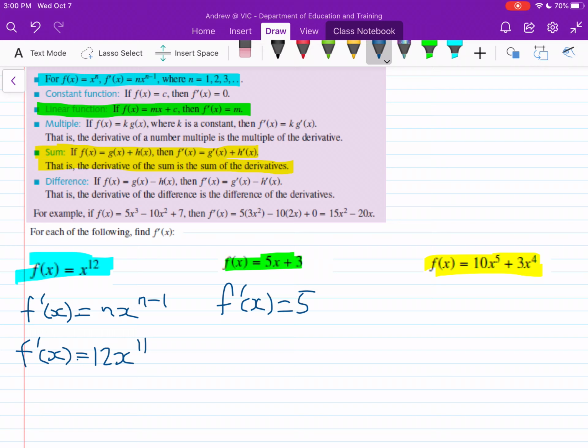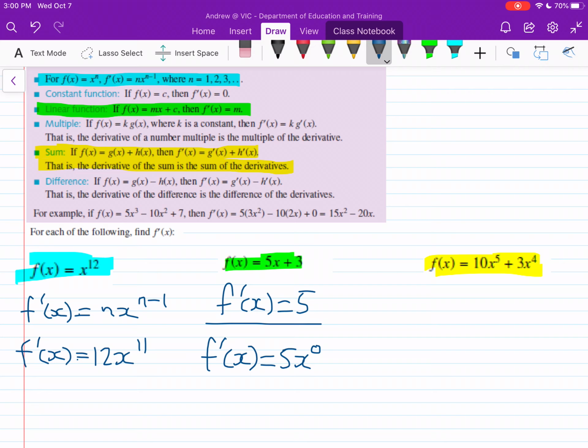Okay, and if you do it like the sum of the next one, I'll just show you, it actually drops down a power. So we get 5x to the power of 0, or 5 times 1, because it's 1.